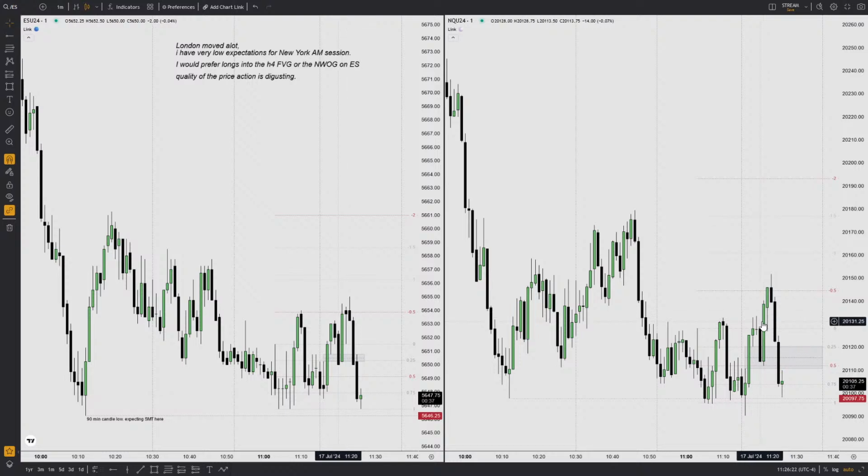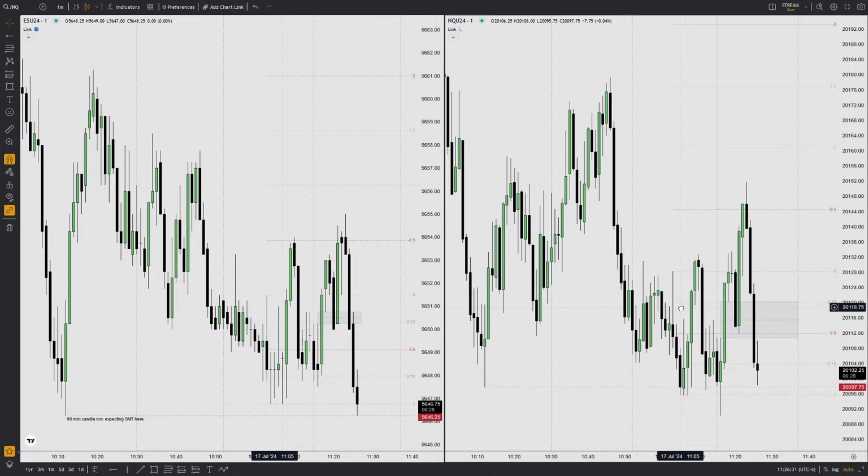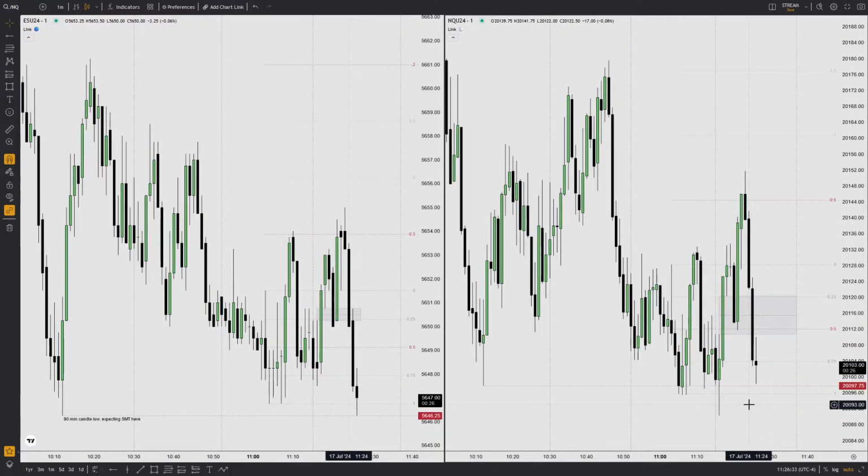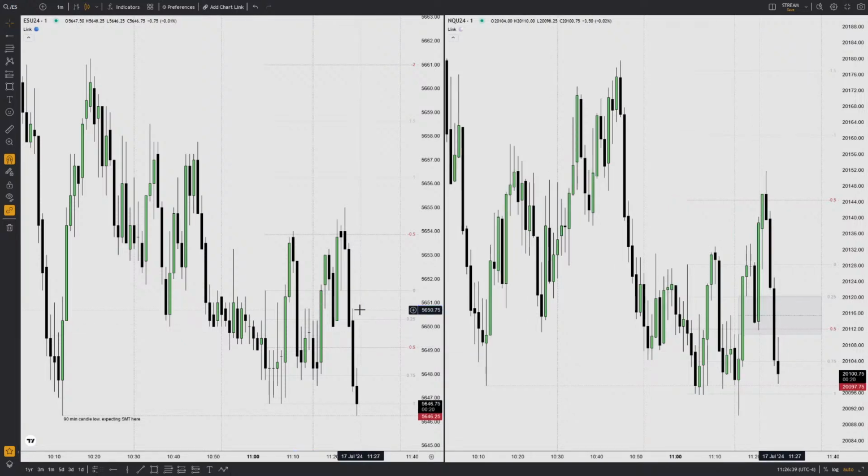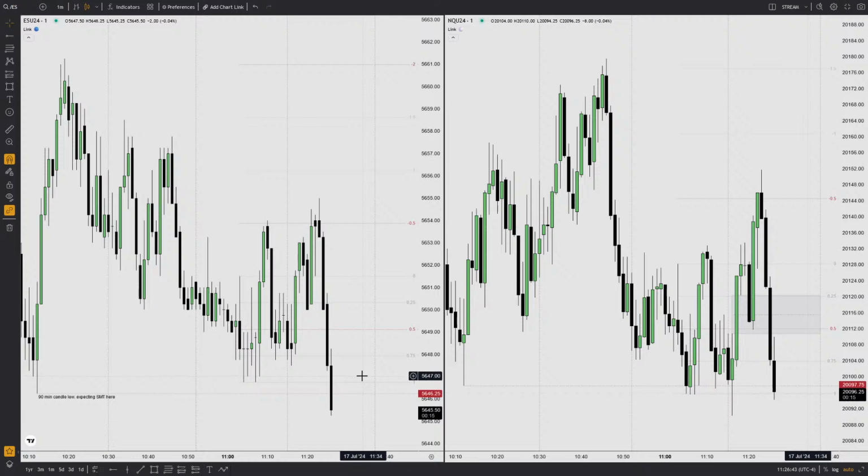Okay, so two things can happen. We're not going anywhere, we're just going to chop around this range, or we're going to expand further downwards. So in this particular scenario, ES is slightly more bearish than NQ. Let's see.